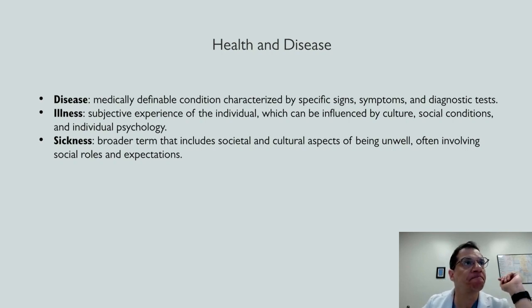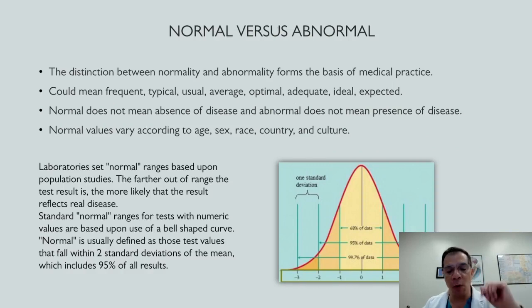Now, one important thing to have clear when we study medicine is the concepts of normal and abnormal. Okay, we use the word normal a lot. Okay, normal values. Your hemoglobin is normal. Your liver enzymes are normal. This patient is normal.